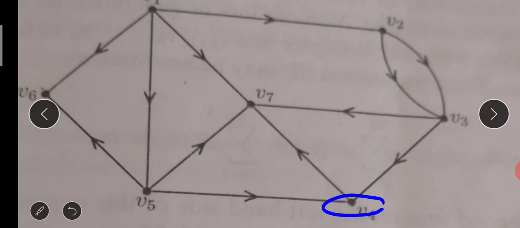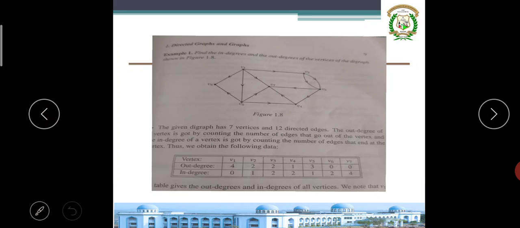Two edges are coming to V4. This is one edge and this is one edge. So in degree of V4 is 2. How many edges are going from V4? Only one edge. So V4's out degree is 1. You can verify this. V4's out degree is 1 and in degree is 2.